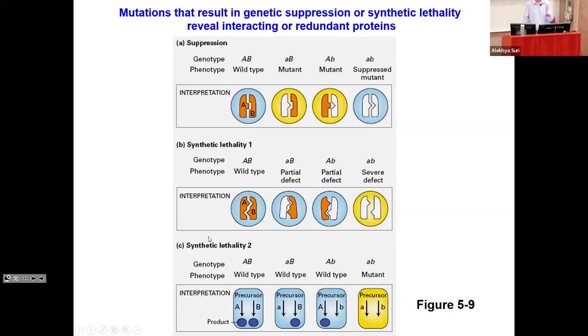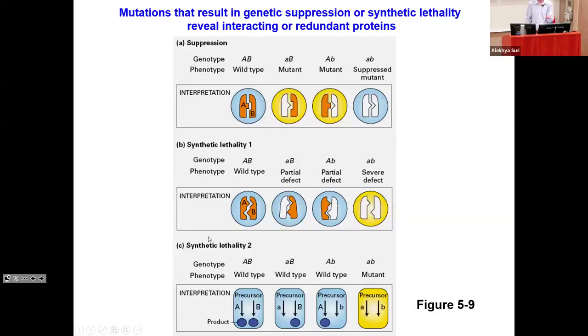So again, suppression: single mutants have, for example, some mild effect. If you combine these single mutants, they would grow better. They suppress each other's mutation phenotype, but they may not grow as well as wild type.